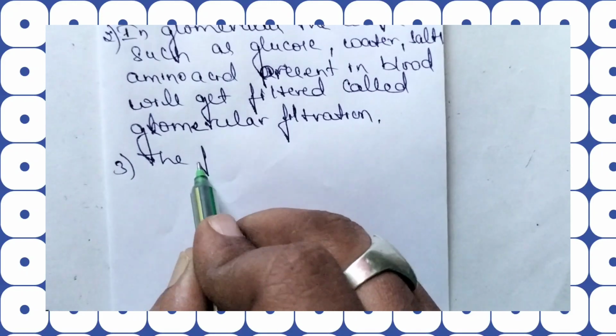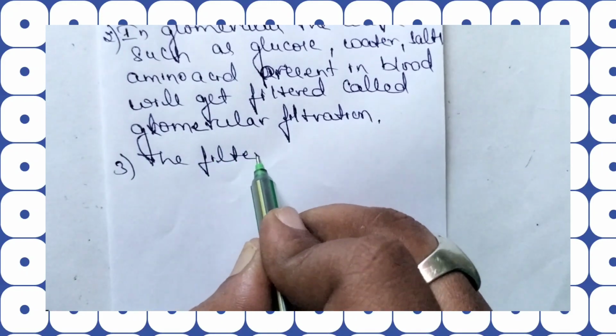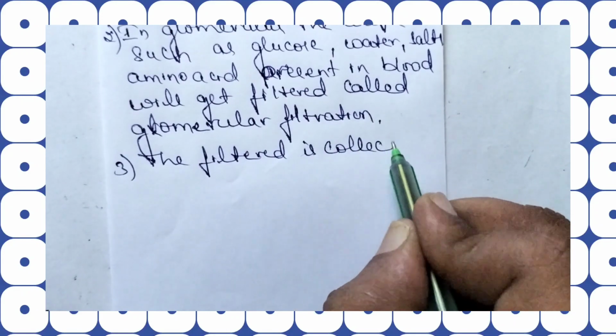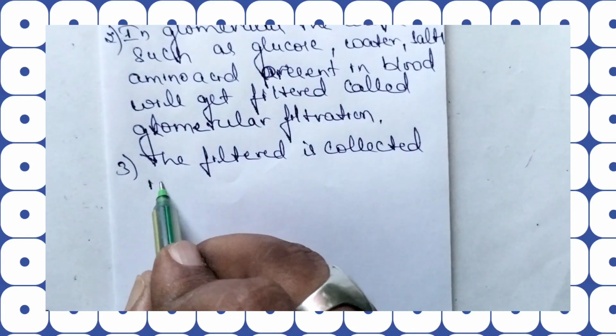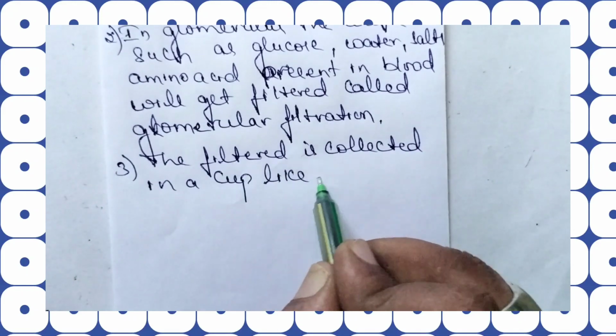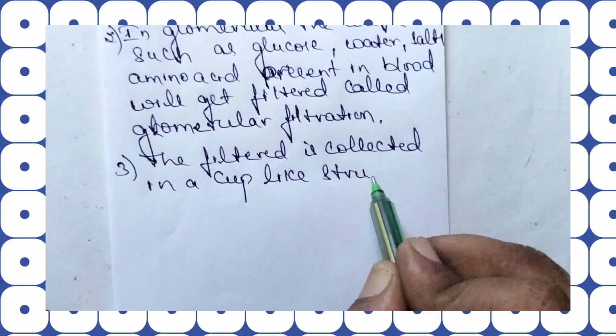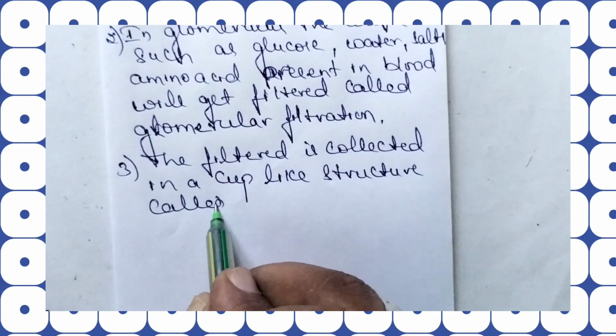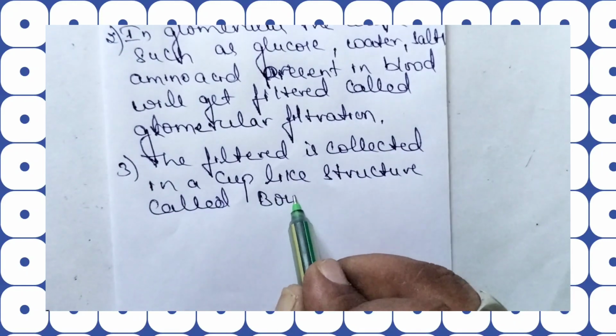The filtrate is collected in a cup-like structure called Bowman's capsule.